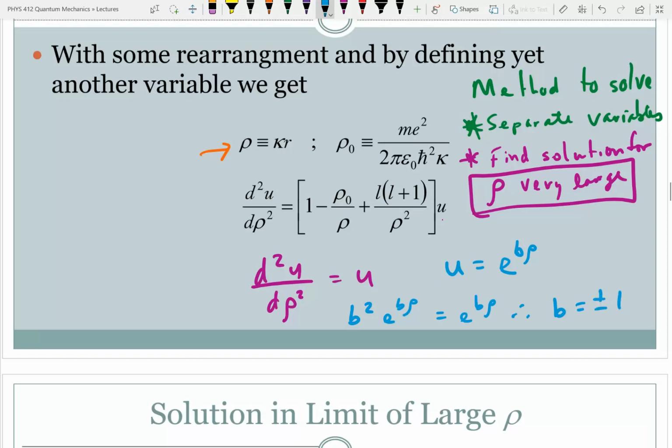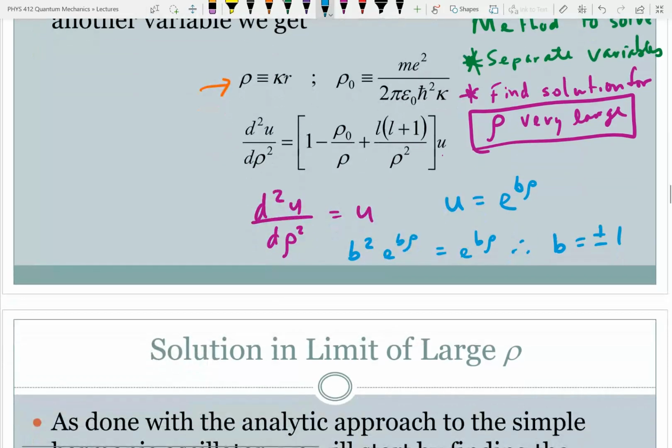Plus or minus 1. So that means our solution is, and I'll call this U1, just for the special case of very large rho.